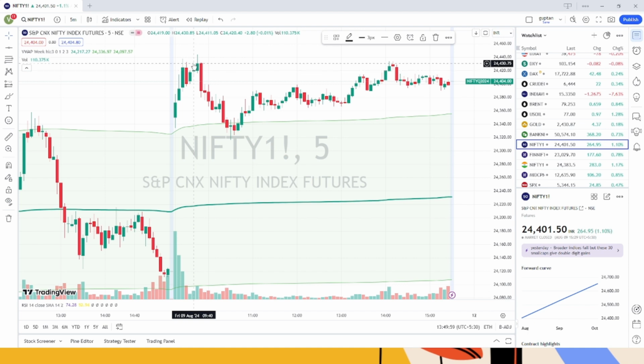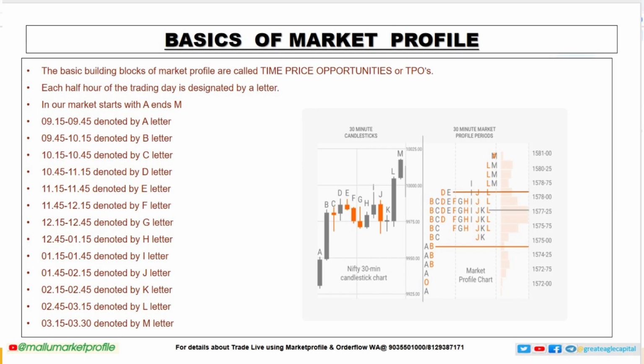You will see 6 candles. Instead of 6 candles, market profile will show you one letter called A. So in a market profile structure, instead of a candle, the structure is denominated by a letter that represents price opportunity. It is a letter-based charting setup called market profile. Simply speaking, it is a letter-based charting technical tool called market profile.